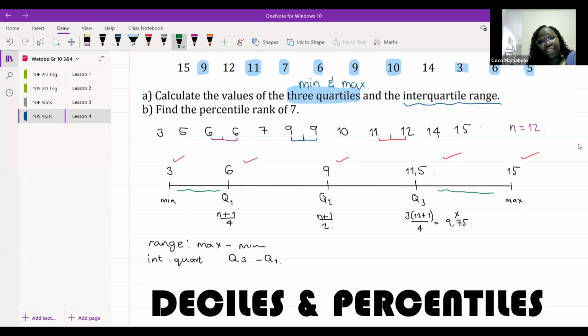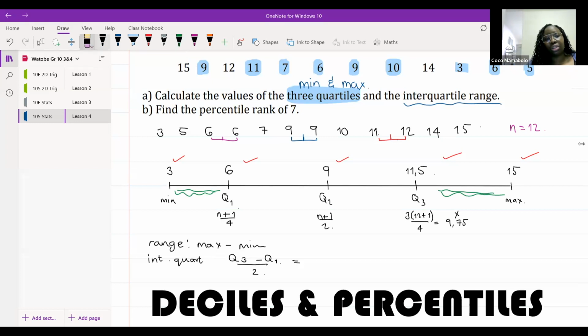So in order to find the interquartile range, we need to take Q3 minus Q1 and divide it by 2, because if we're looking for the range in between these two, we've automatically excluded this information and that information, which is essentially about half of our data. So we take Q3 minus Q1 divided by 2, right?